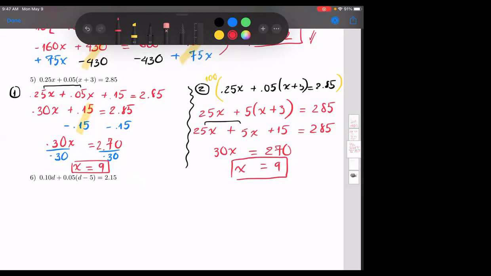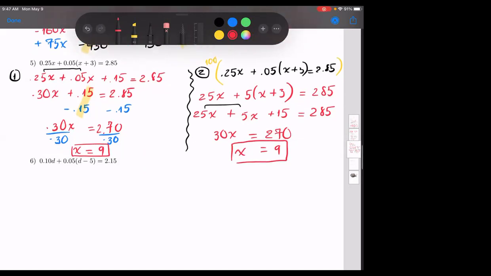So on the exam, it's up to you, whichever method you like. Why don't you practice number 6? That's your you-try. So people from Zoom, practice number 6.